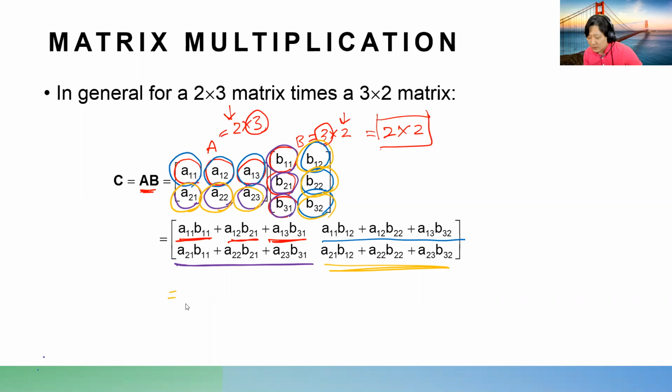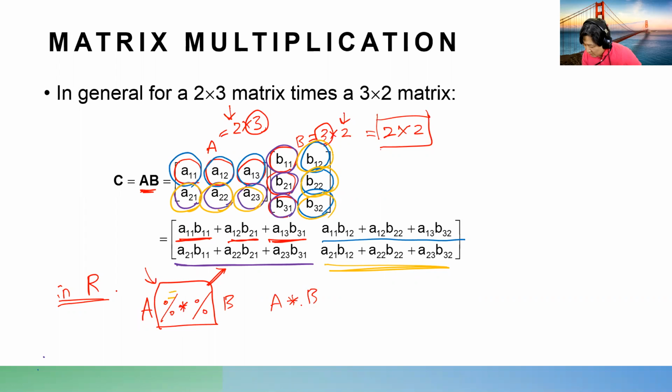No. So in R, if you want to do matrix algebra, you have to put it like this. This is for matrix multiplication. But if you just put a single star, it will multiply element by element.